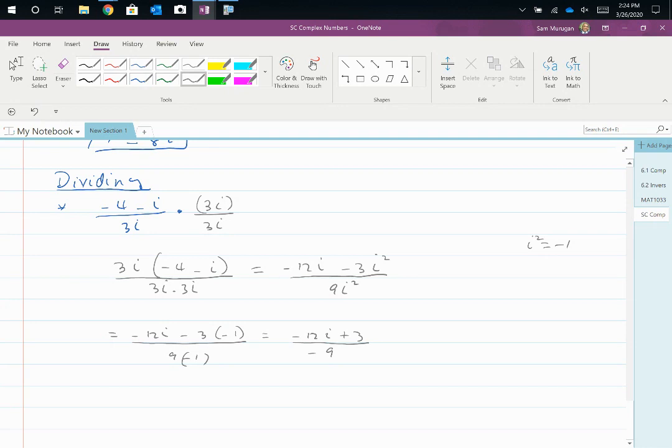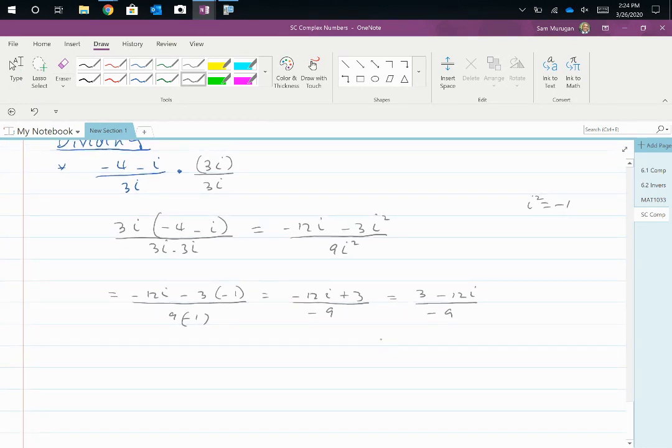So we're getting ready to write this in the complex form. We have to remember the real number goes first, the imaginary number goes second, and now we have to split this up into the real and imaginary parts. So 3 over negative 9 minus 12i over negative 9.